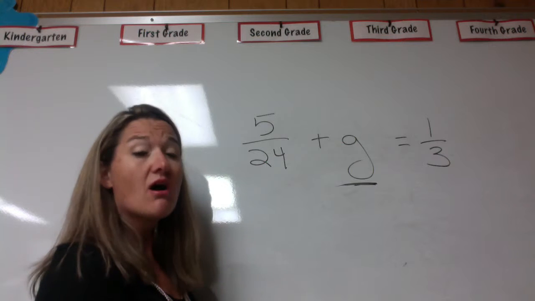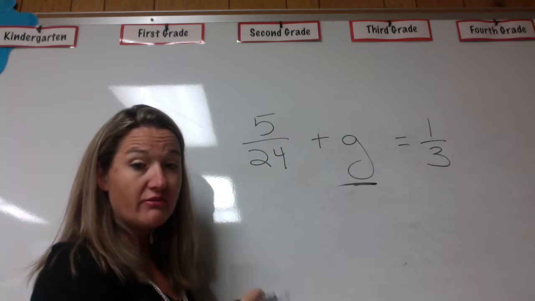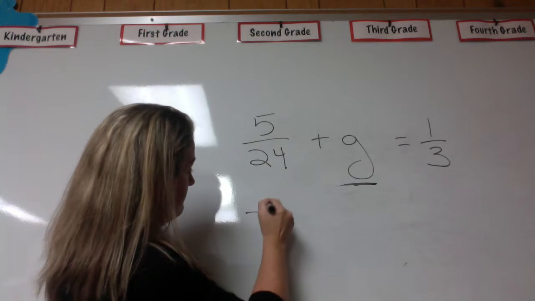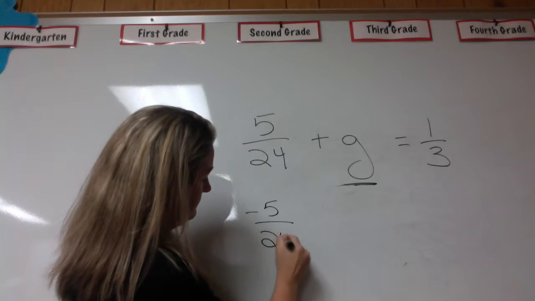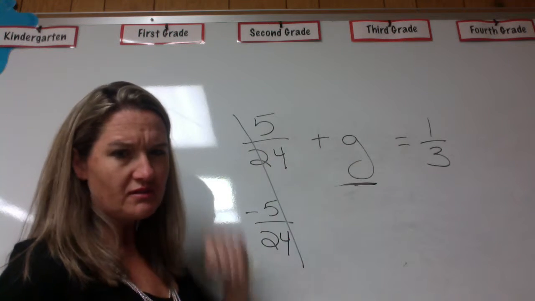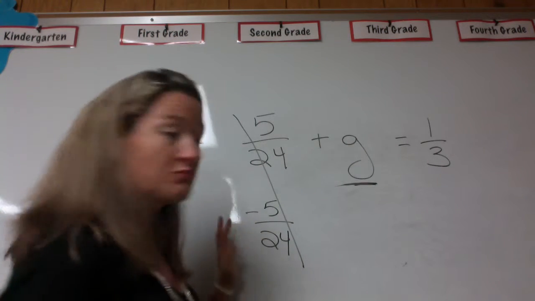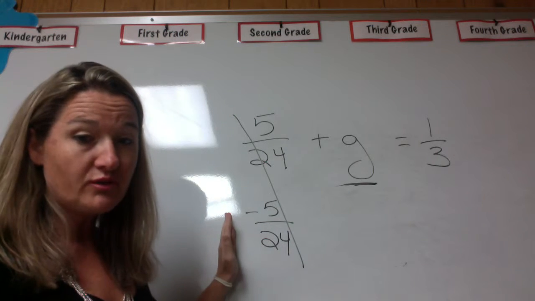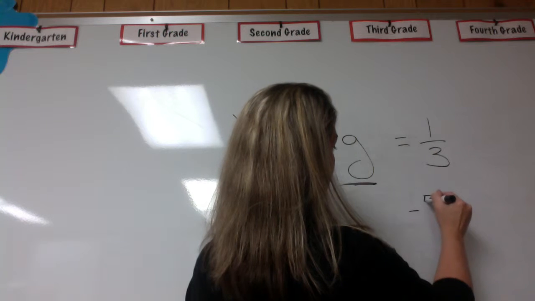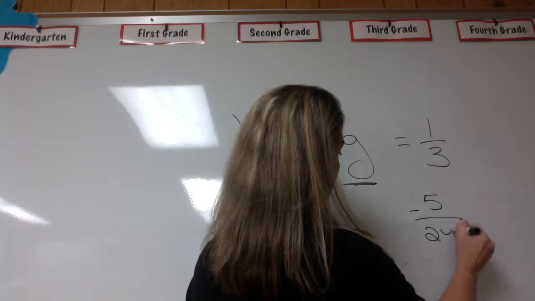So what's the opposite of adding 5 over 24? Subtracting it. Okay, it's gone. So now we've just got the g. Don't worry about the plus. Okay, so we subtracted 5 over 24 from here. So we've got to do the same thing over here, minus 5 over 24.